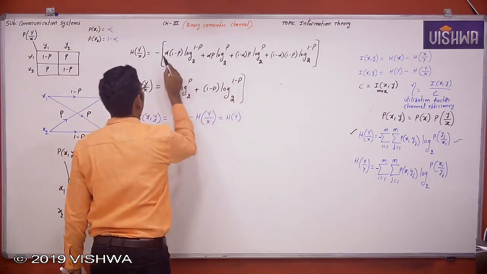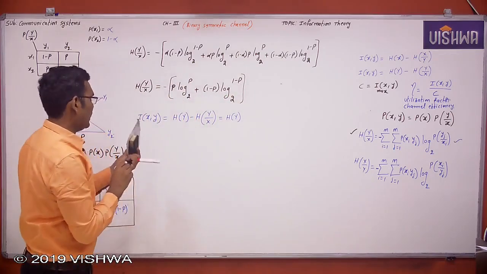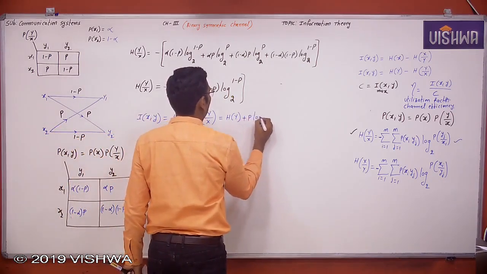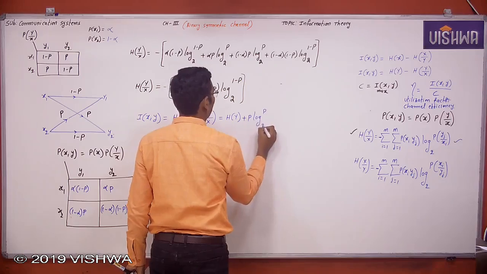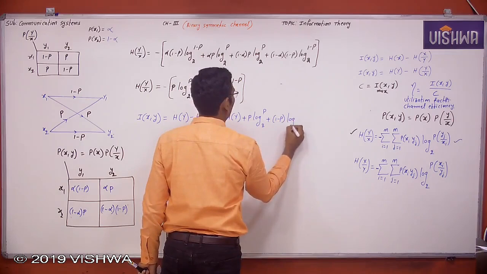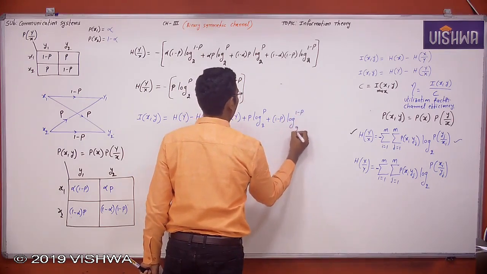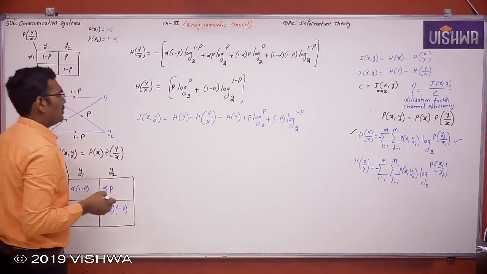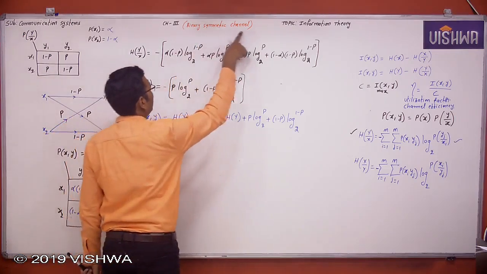There is a minus sign here, right? So minus minus cancel, therefore we get P log P base 2 plus 1 minus P log 1 minus P base 2. Now this is the mutual information of a binary symmetric channel.